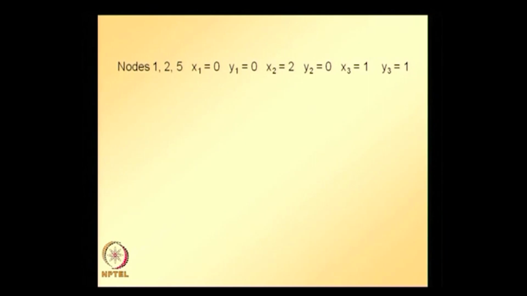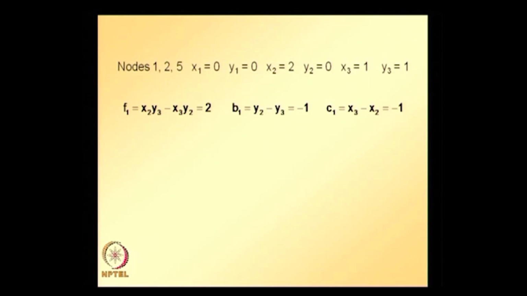So, noting down the x coordinates and y coordinates of nodes 1 2 5 from the geometrical details given in the problem, this information is required because we need to calculate the shape functions, for which we need to calculate f1 f2 f3, b1 b2 b3, c1 c2 c3, which are all functions of spatial coordinates.